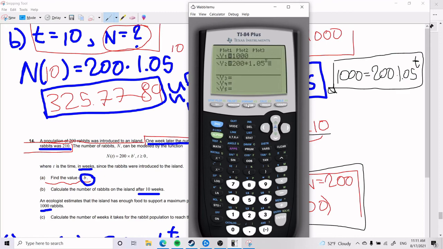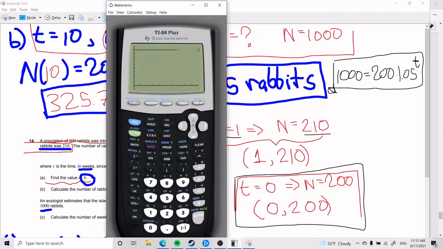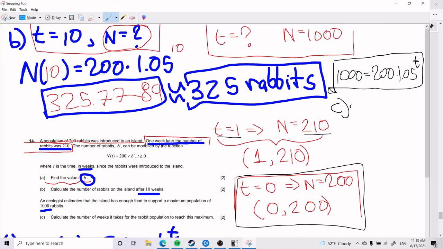And then, of course, after you figure out your zoom and your window, just go ahead and calc intersect. And so doing calc intersect here, we put our first curve, put our second curve, and we end up at an intersection with x being 32.98, which is essentially 33 weeks. And so it is safe to say that for part C, it is just about 33 weeks.